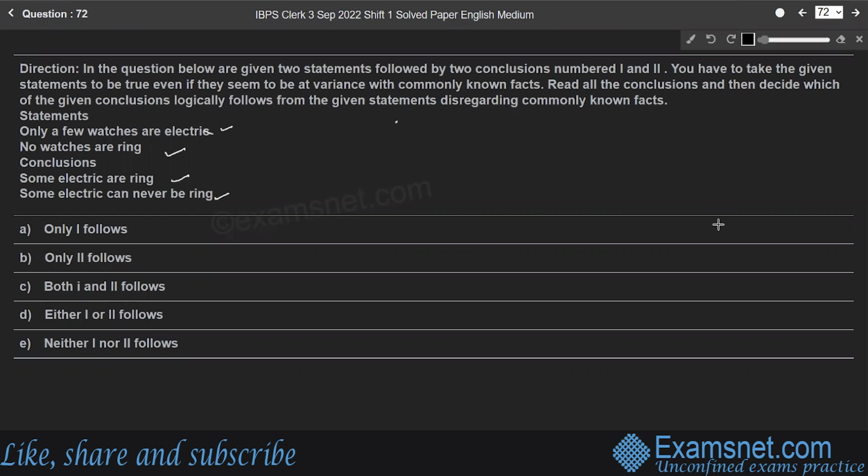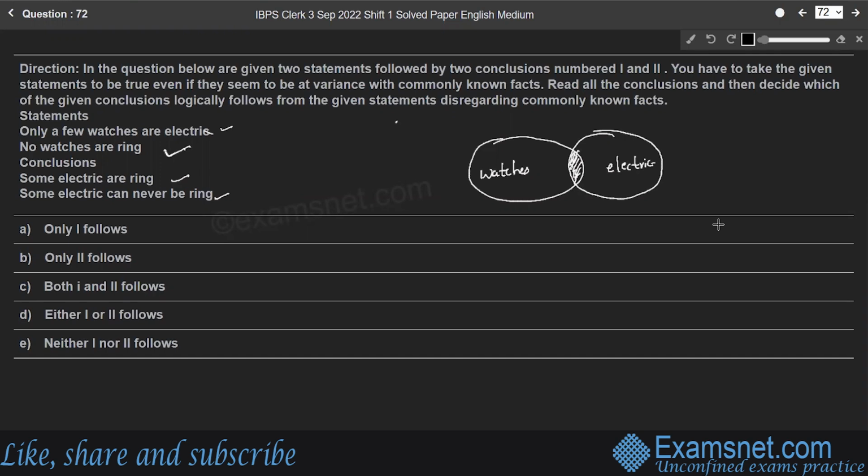So there is a set of watches and only few watches are electrics. This is a definite statement. Only a few watches are electrics, not some. So definitely only few watches are electric.